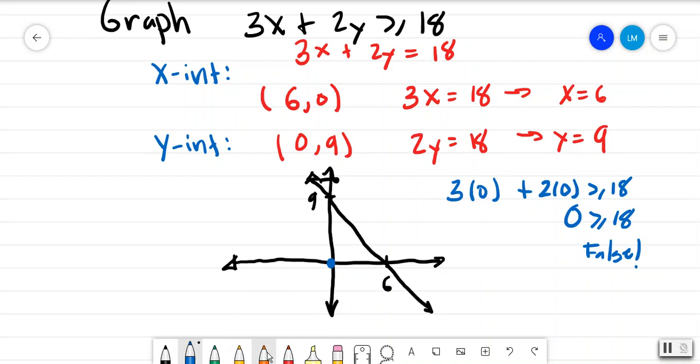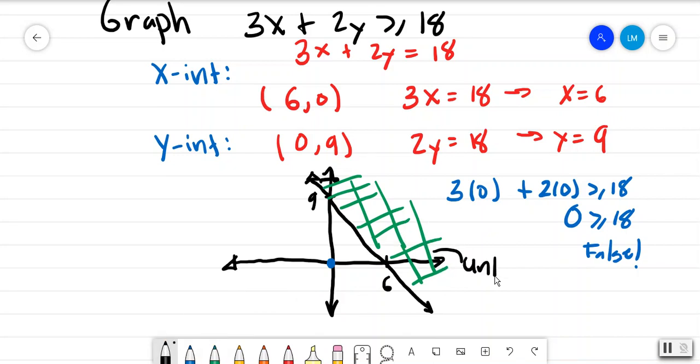So this would imply that the shaded region would actually be on the opposite side. So we're just going to shade over here and over here. And of course, this is our unbounded feasible region, but this is our shaded region nonetheless.